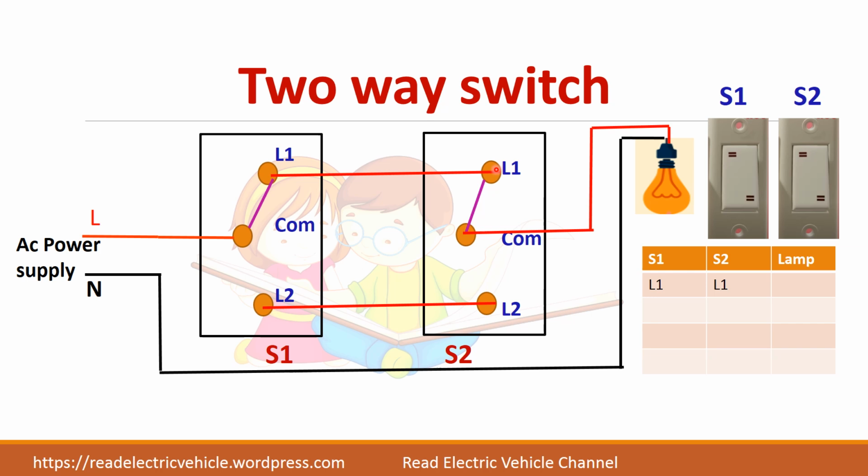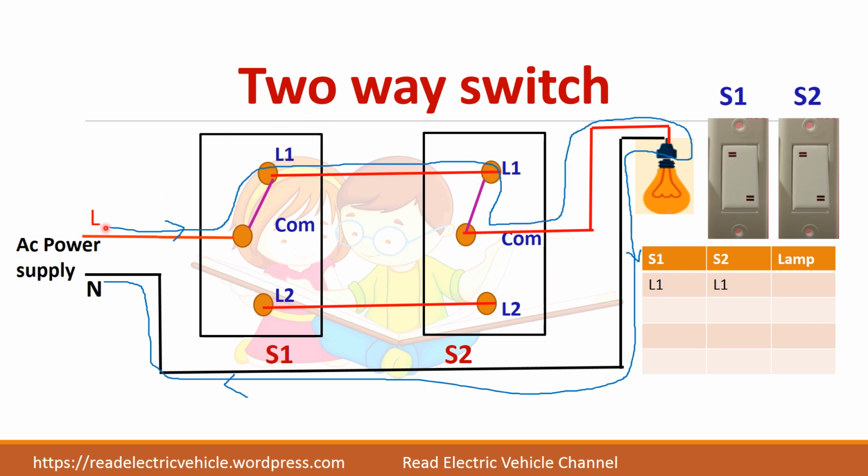So what will be the current direction now? The current flows from the line through L1, again L1, and the bulb, and it will return to the supply. So there is a closed circuit, so the current can flow and the bulb will glow. So the bulb turns on.